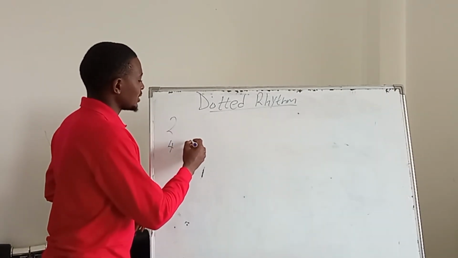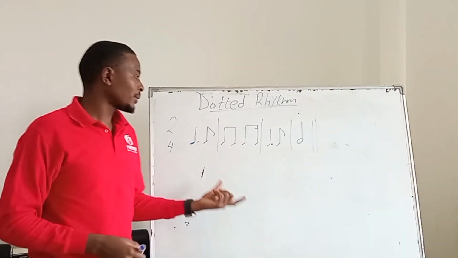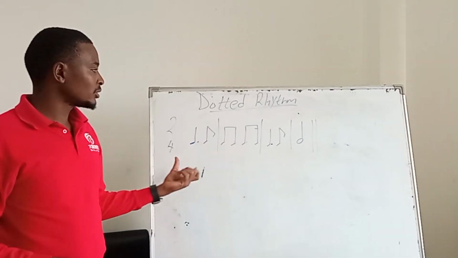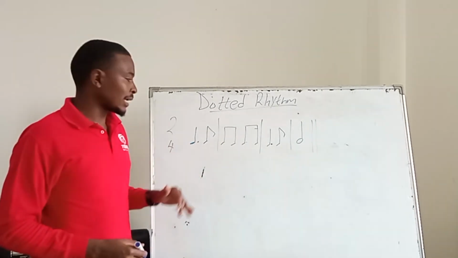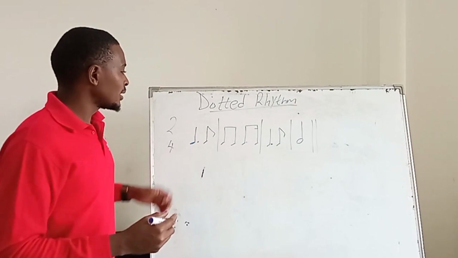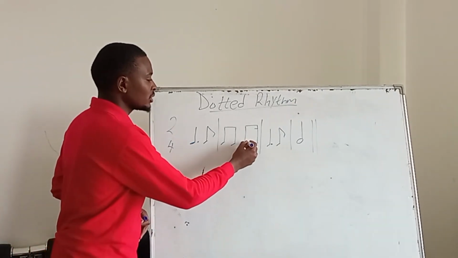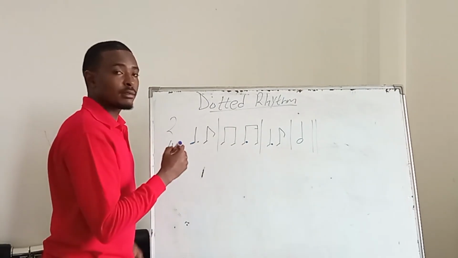So this one we start with a dotted rhythm. This is just a simple illustration in 2/4 time. We'll also try another one. So first for this one, we try and clap. Remember, every time you see a dot, you interpret that the dot is half the value of the main note.